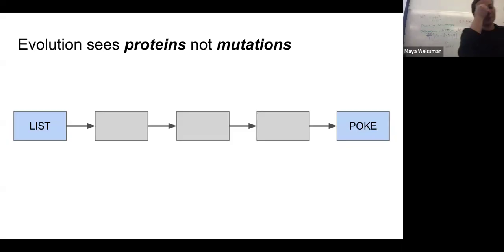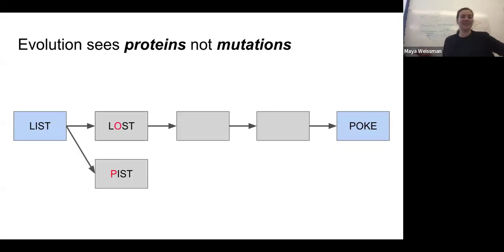Yeah, Brendan. Yeah. Who else came up with that pathway? I think that's list to lost. Technically, you could also go to pist, and I think pist is a real word, I googled this.